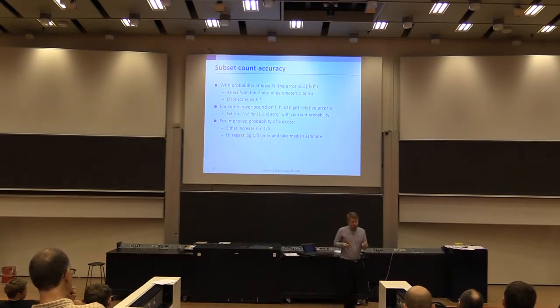So that's the underlying reason why, right? That says why we can't have relative error for all possible things, because we're just not going to be able to break that lower bound.